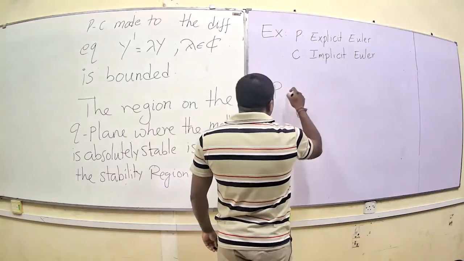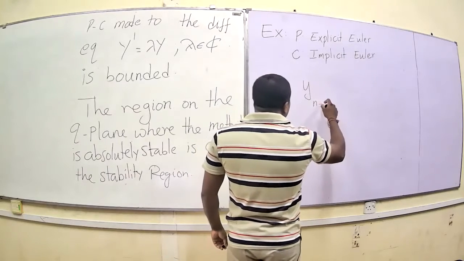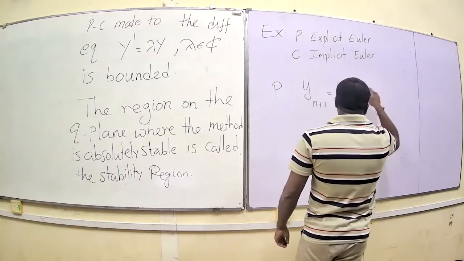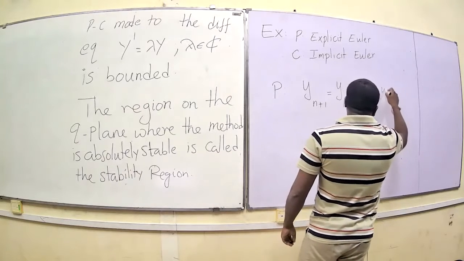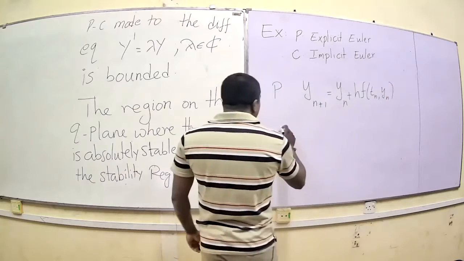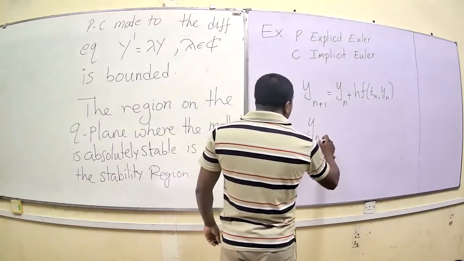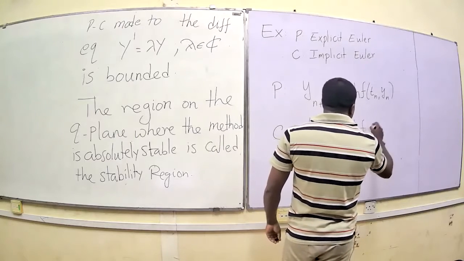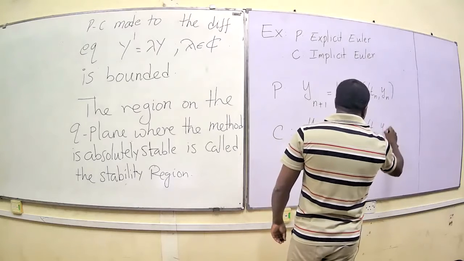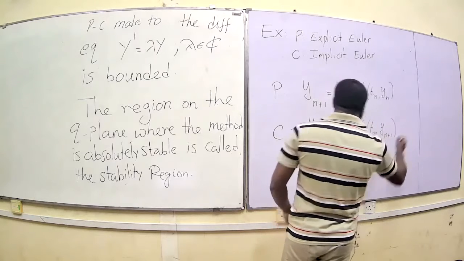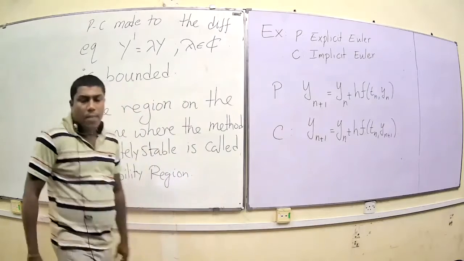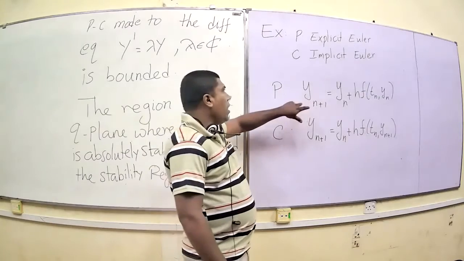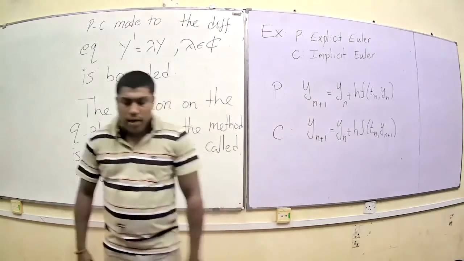So y n plus 1 is equal to yn plus h times f of tn comma yn is your prediction, and the correction is yn plus 1 is equal to yn plus h times f of tn comma yn plus 1. This is your corrector method, the standard notation we use for explicit Euler and implicit Euler.